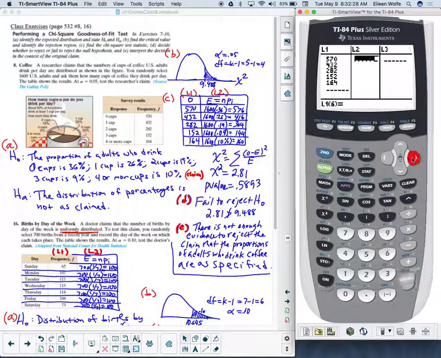And then in list 2, we have these expected counts: 576, 416, 304, 144, 160. Okay, so please have those typed in list 1 and list 2.